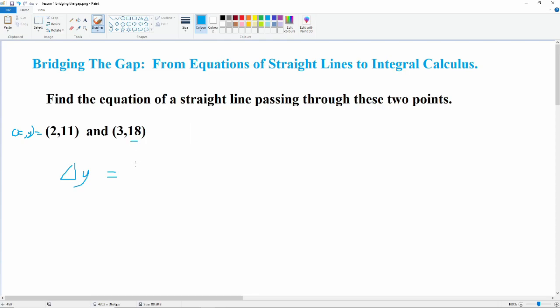So we've got 18 minus 11, and then we're dividing by change in x. So we're dividing by, and it's gone from 2 to 3, so that's 3 minus 2.